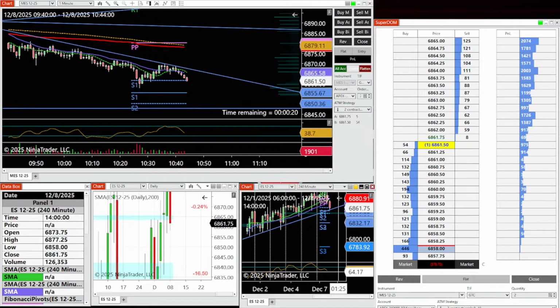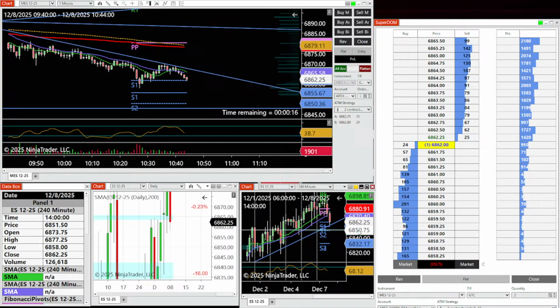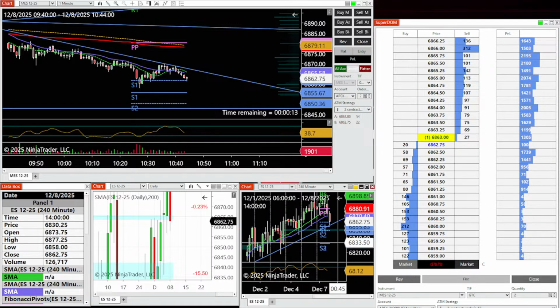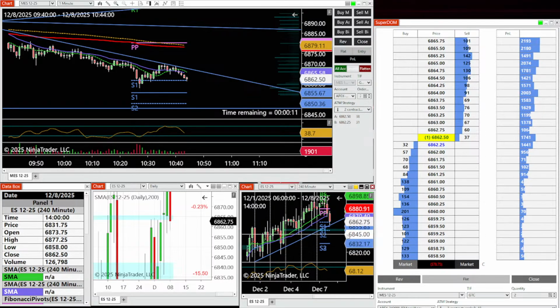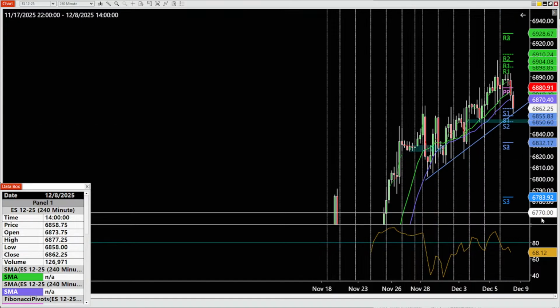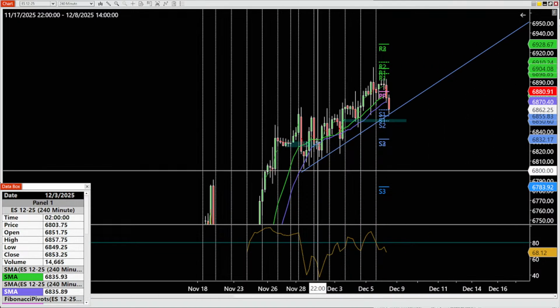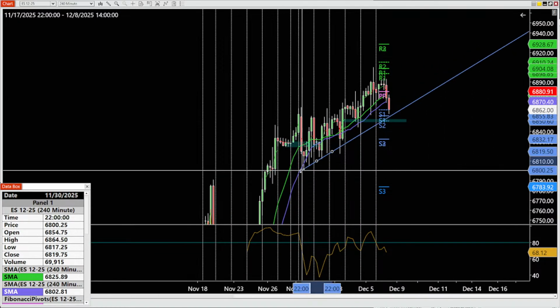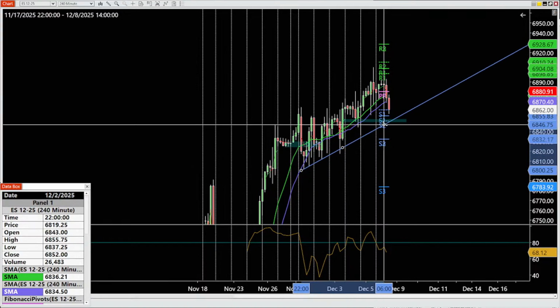Stochastic is pointing down on a bigger time frame. We got a couple of resistance support levels here. It's not perfect, just trying to get it.